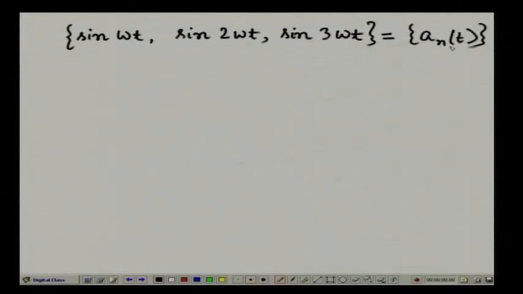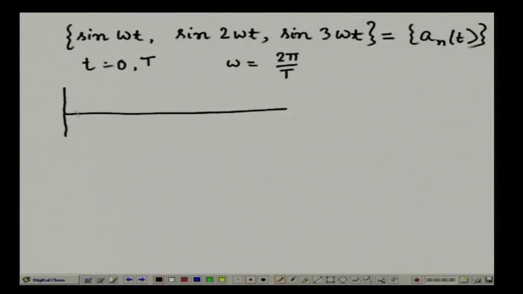Now, if I plot sin(omega t) over the interval t equal to 0 to capital T, where omega is equal to 2 pi by capital T, so capital T is the period of this sinusoidal wave, you will find that sin(omega t) in the period 0 to capital T is something like this.